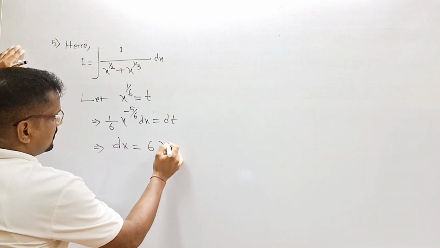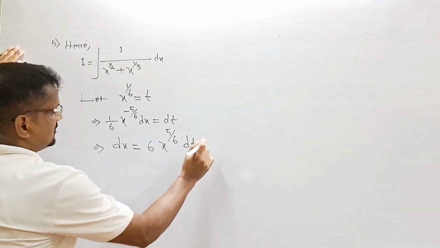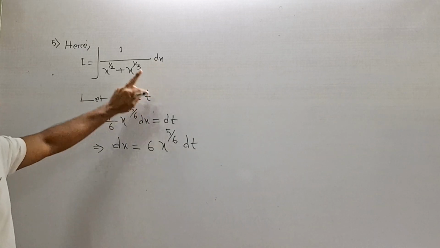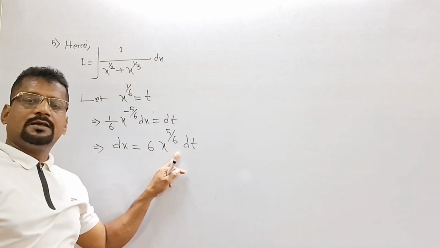So x to the power 5/6 positive, and here dt. Here only dx is present, no function of x in the numerator. That's why we have written dx only this way.